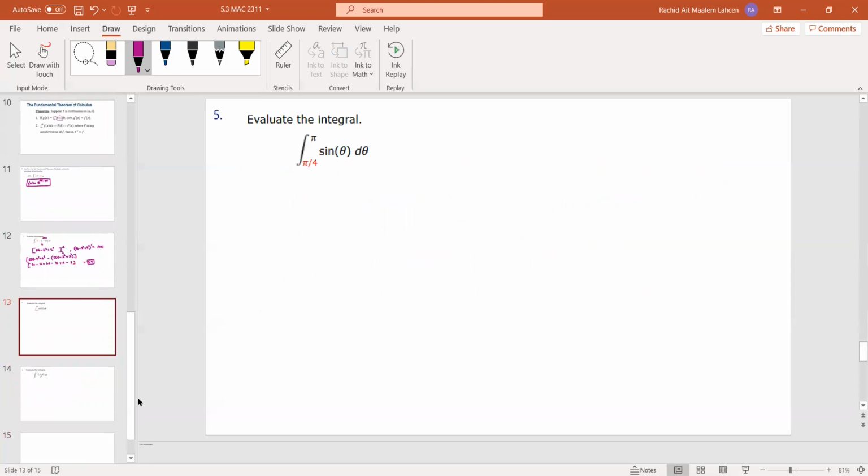So a similar thing you'll do here for this integral. You want to find the antiderivative of this, which is negative cosine theta. And these are the limits. We know with the multiple thing for the properties, you can do this.